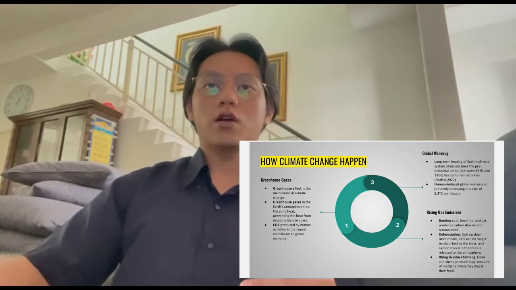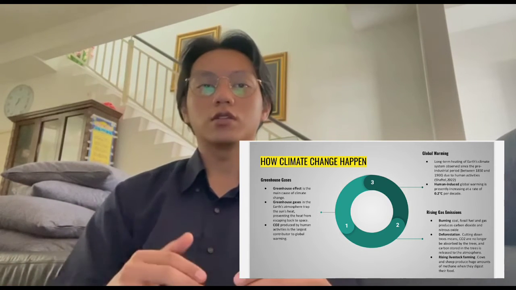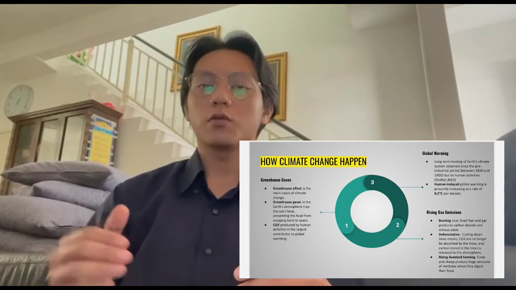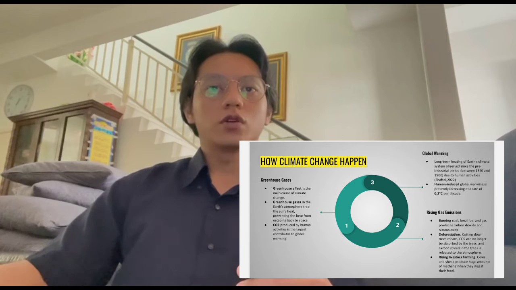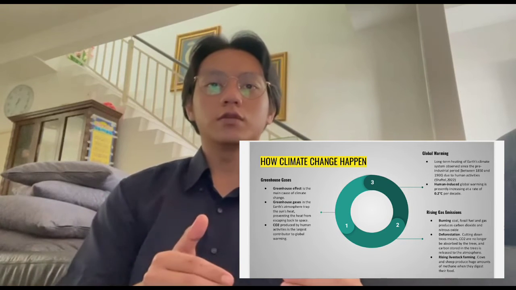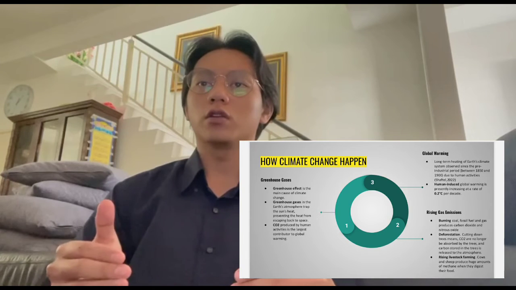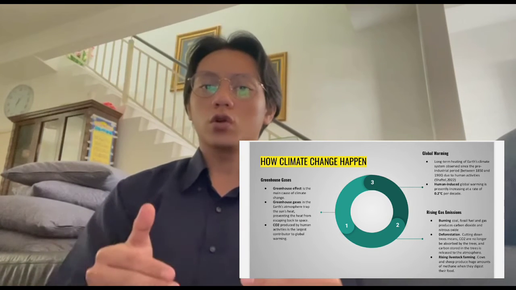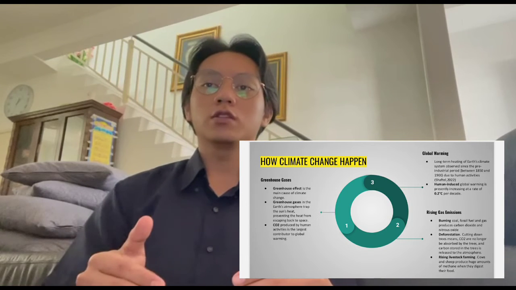Our earth needs a balance of greenhouse gases to maintain just the right temperature for living things. This is a natural system that keeps the temperature on earth from being too hot or too cold, so that living things can live.